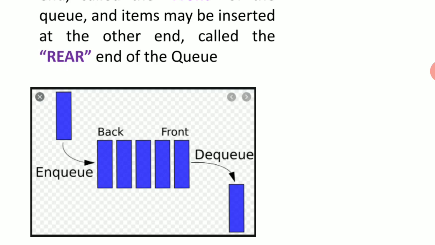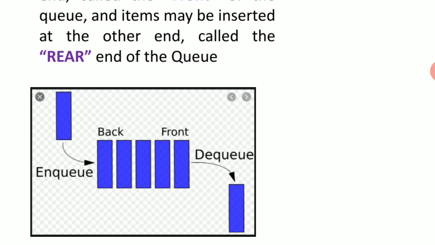If the first person has taken his cash, his work is finished, he has deposited or withdrawn, then he will go out. Then the second becomes the first and you become the 4th one. When the second has been removed, the third becomes the first and you become the third.